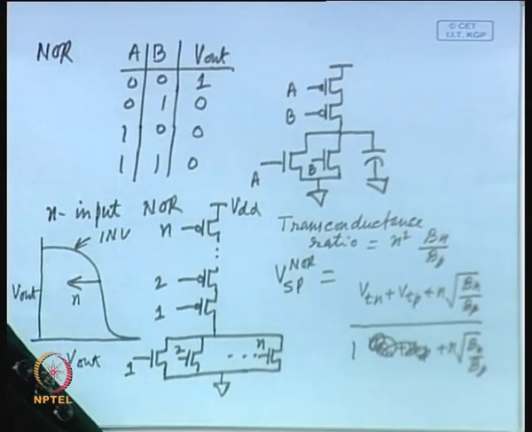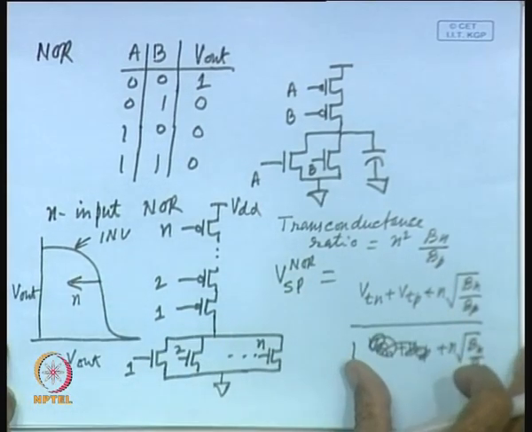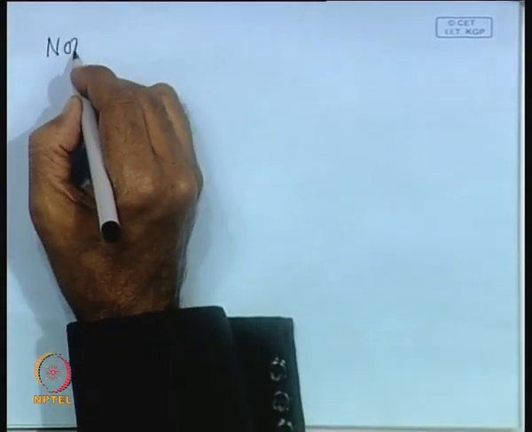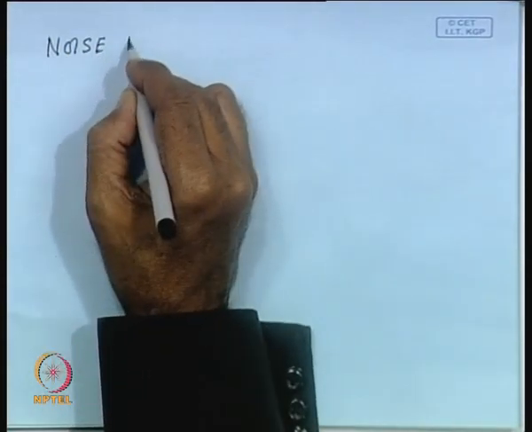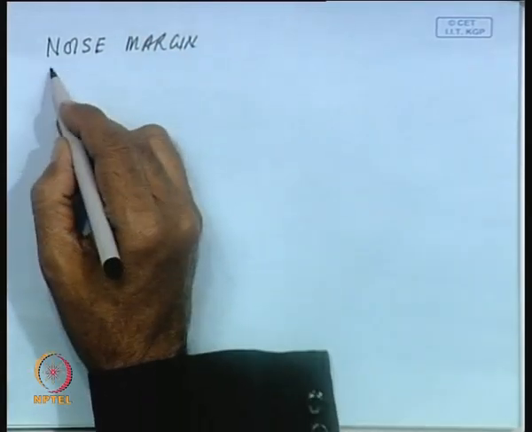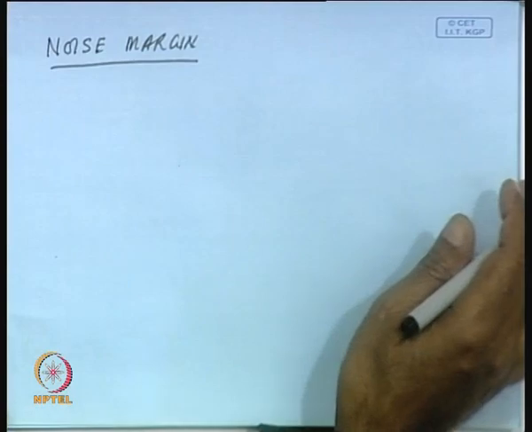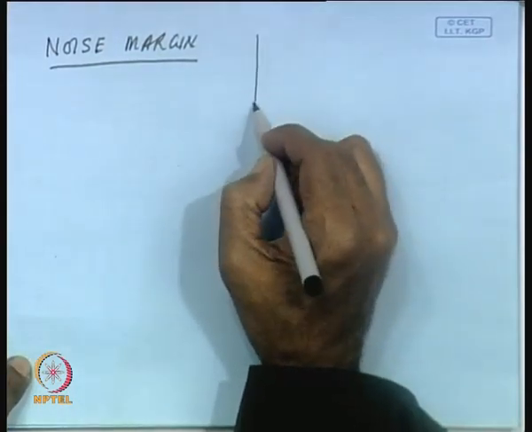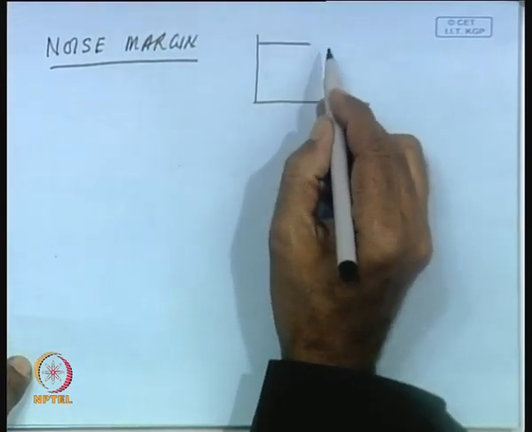Now, let us consider the noise margin for the two cases. How is noise margin affected? As we know, ideally the transfer characteristic should be like this.